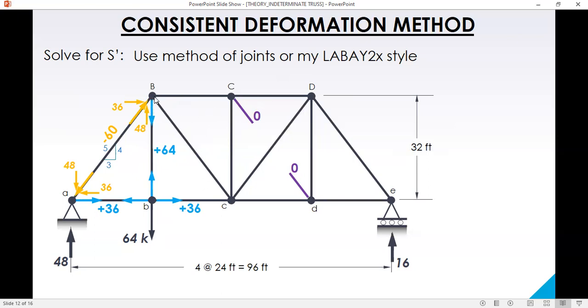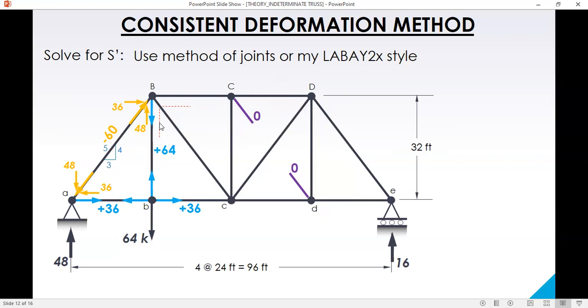Okay, and then for this diagonal member, we have components, and we start with vertical, since we only have one unknown force. One vertical force, two horizontal forces, horizontal component and BC. So we start with vertical. Okay. We have 48 upward, 64 downward.